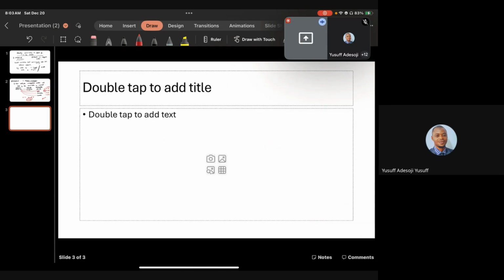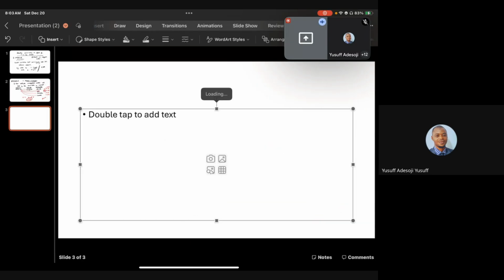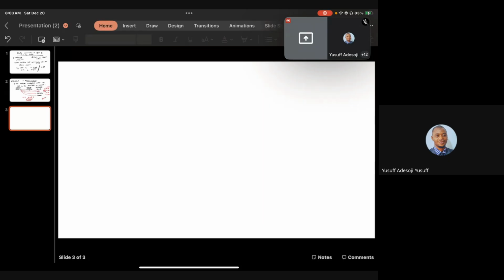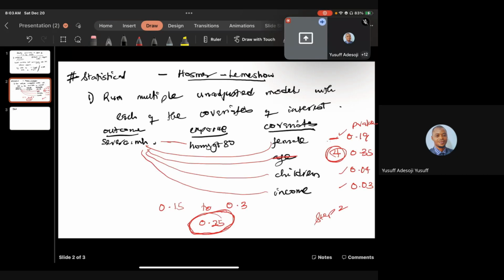Now in step 2, we will take each of these 3 that we're interested in and add them to this model that we're interested in one by one.